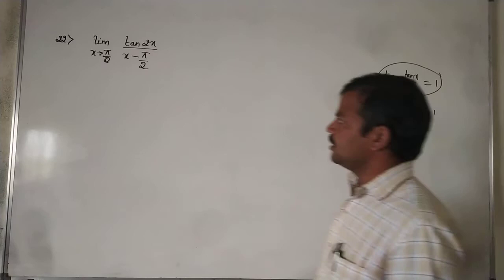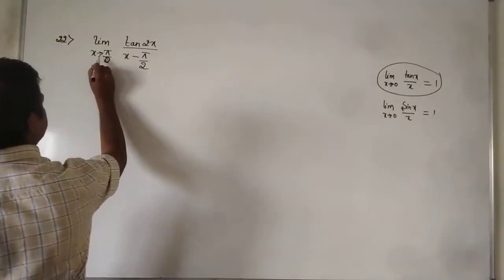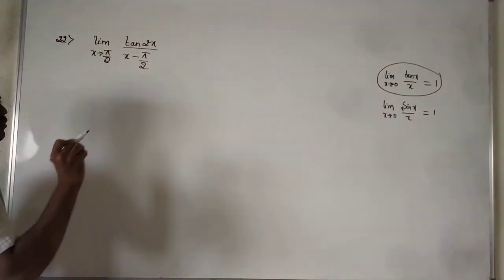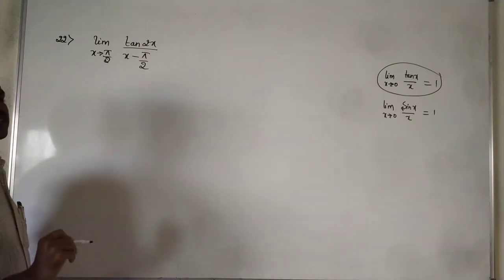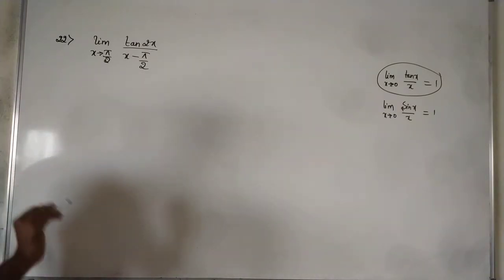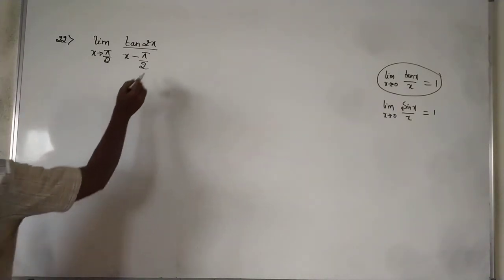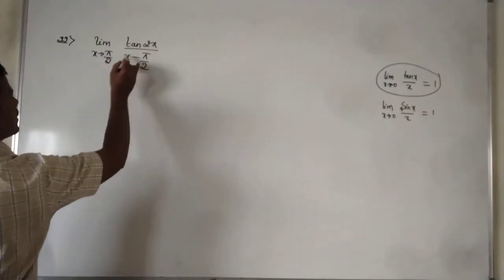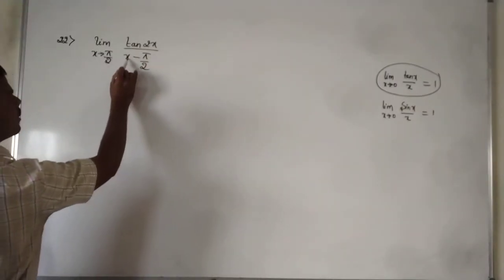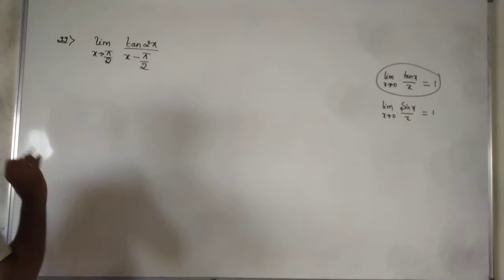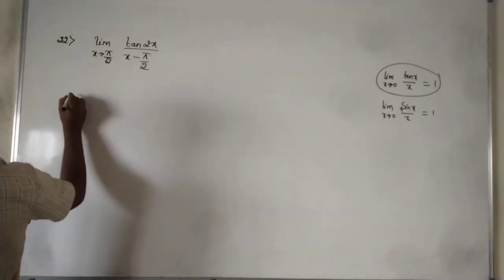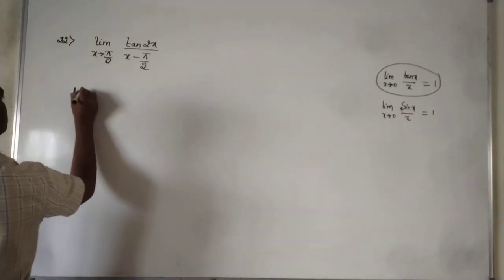So for that, here x is tending to pi by 2, but we need it to tend to 0. For that we have to make some change. Here there is x minus pi by 2, so take a substitution. Let me consider the substitution.